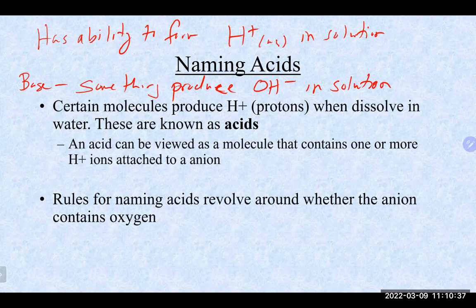Acids are named a little bit differently. And it really all revolves around whether or not the acid contains oxygen. So if the acid contains oxygen, we name it one way. If it does not contain oxygen, we name it another way. So, for example, let's take a look at that here.